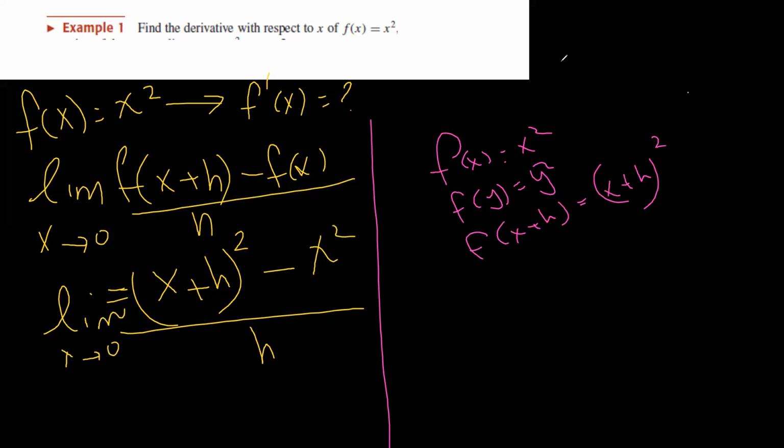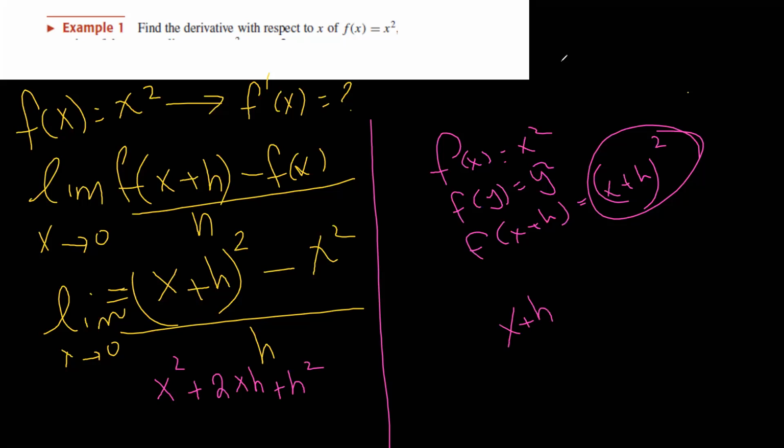Is it clear now? Yes. Okay. Now find x plus h squared. It will be x squared plus 2xh plus h squared. Here you just multiply x plus h with x plus h. x times x is x squared, x times h is xh, h times x is also xh, and h squared.